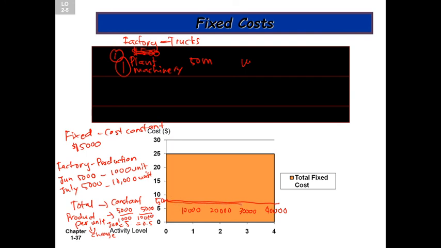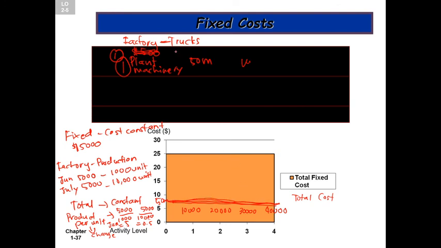So as a total, the amount is constant, right? But when we calculate per unit, the amount will be lesser and lesser because we are producing more and more product. This is how fixed costs behave.